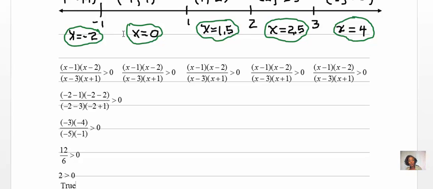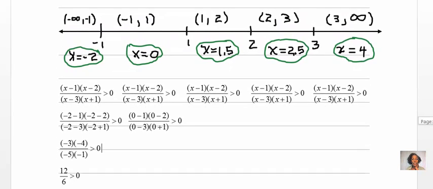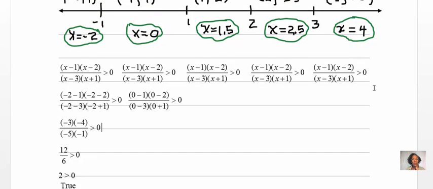So let's follow suit, and now let's replace all of the x values in the inequality with 0. Okay, so our second test number is 0.